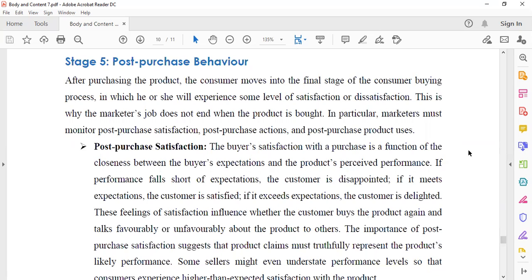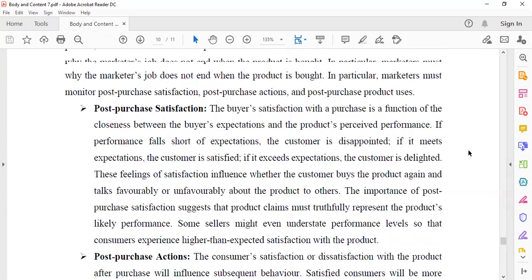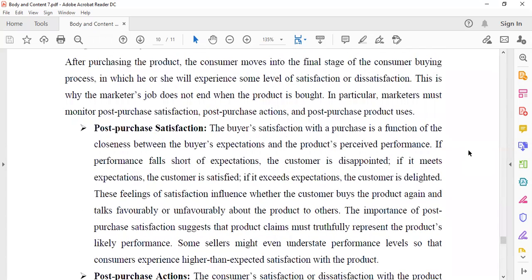Within the post-purchase, two things are likely to happen: post-purchase satisfaction and post-purchase dissonance. Satisfaction happens when the buyer's expectation and the product performance are closely linked. If performance falls short of this expectation, post-purchase dissonance occurs.